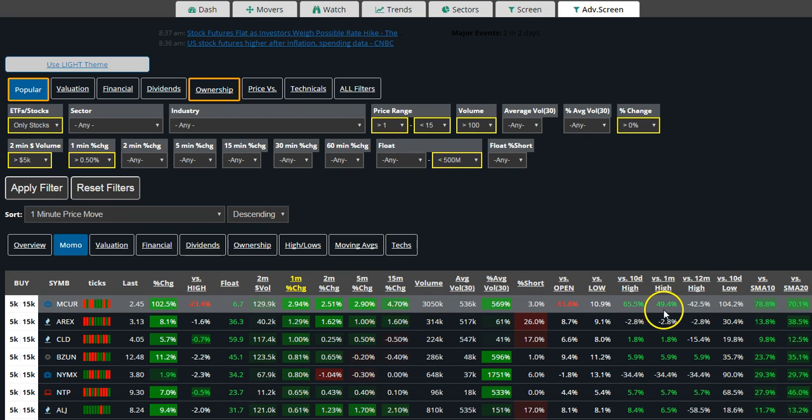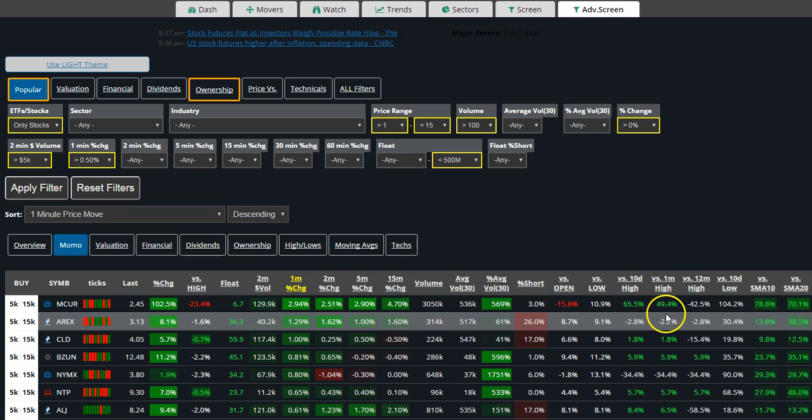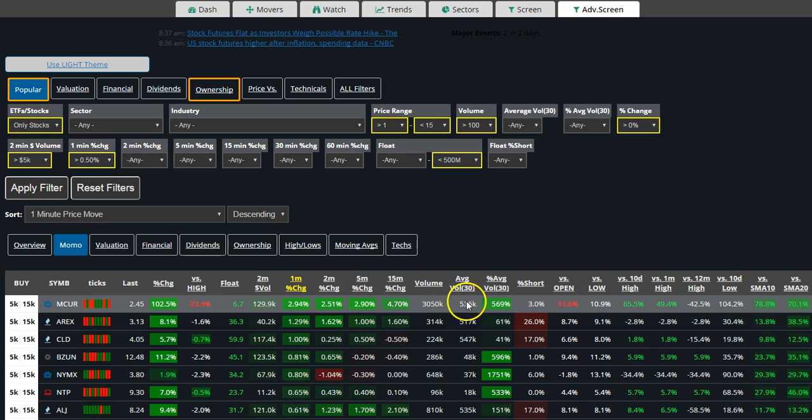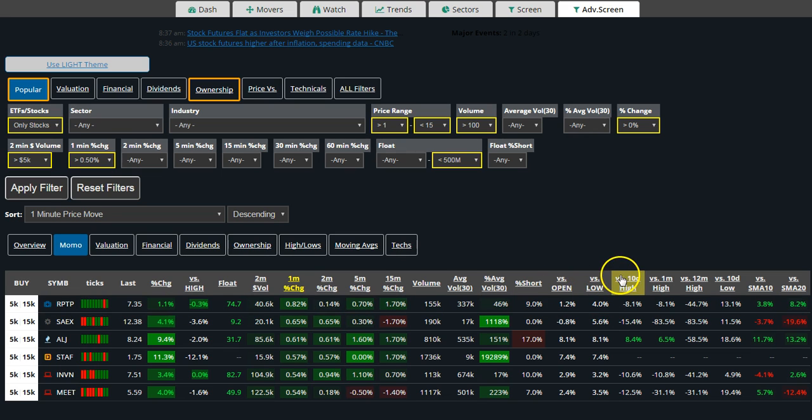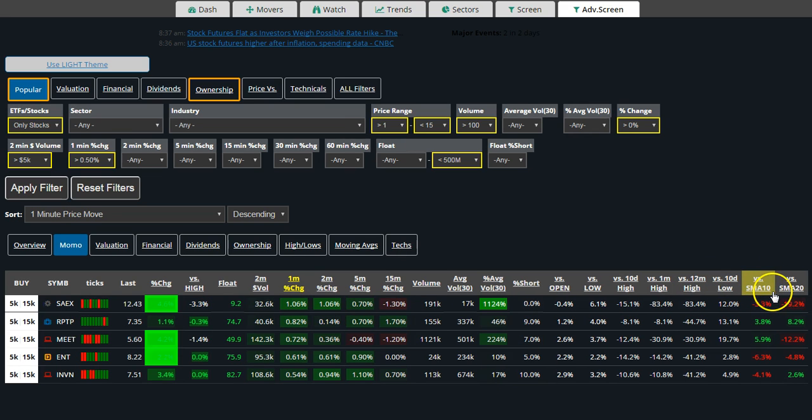And over here, we've got some more things that I've considered using, and they're not quite as important to me as an immediate trade for a momentum trade. What the price is versus its opening price, versus the low of the day, versus its 10-day high, versus its 1-month high, versus its yearly high, basically a 52-week high, and versus its 10-day low, versus its simple moving average, 10-day moving average, and 20-day moving average.